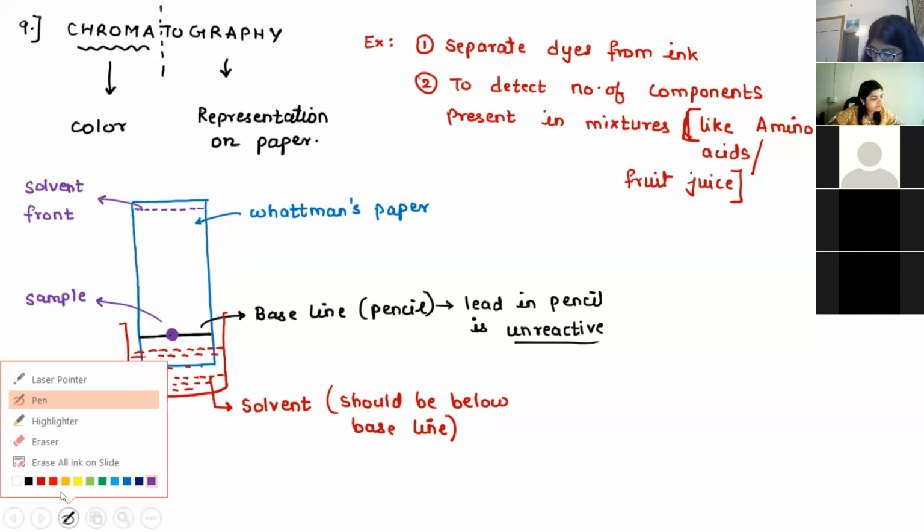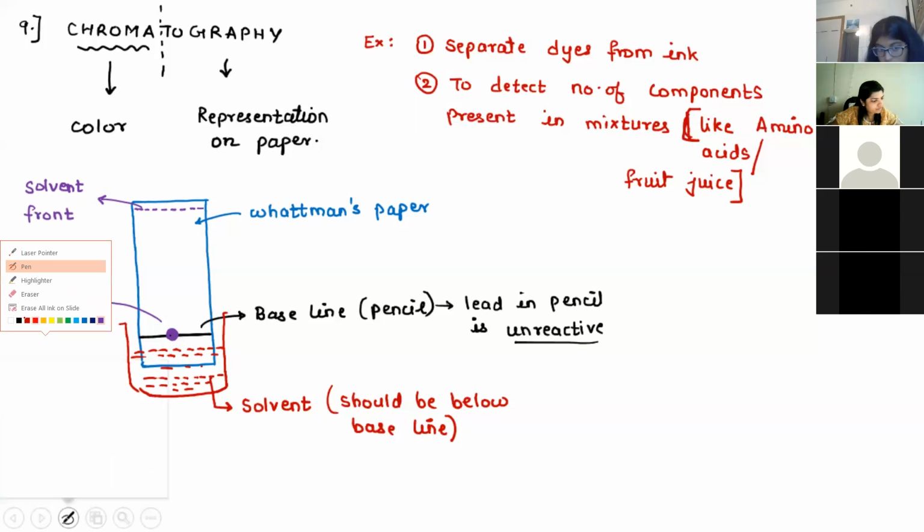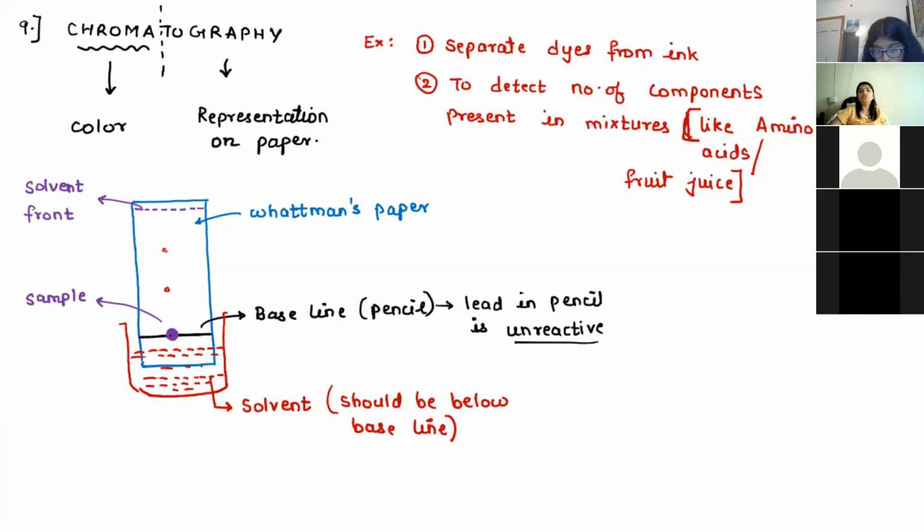Let's say there are 2 spots visible, which means there are 2 components present in it.